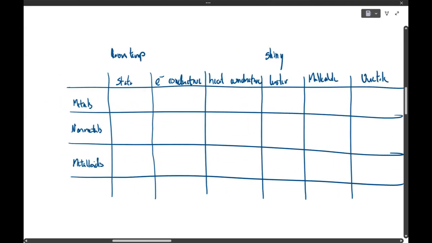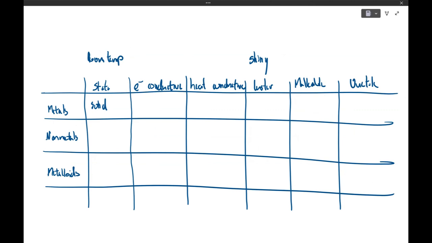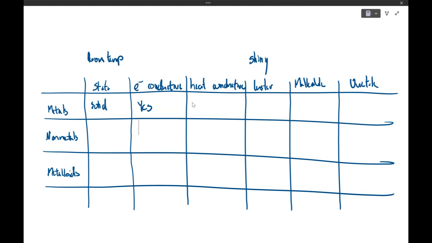So first of all, we have metals. Now, metals tend to be solid with one exception, which is mercury. Mercury tends to be a liquid at room temperature. Metals are quite conductive, and that makes sense because most of your wires are going to be metals, normally copper, with the exception of fiber optics.